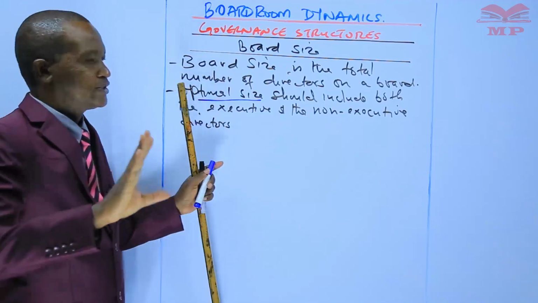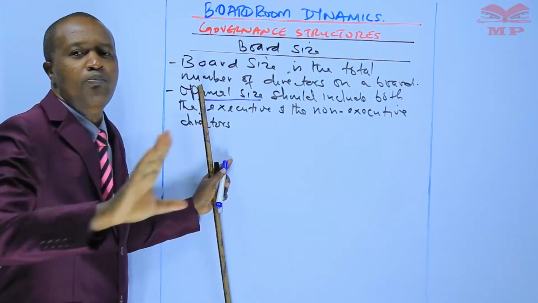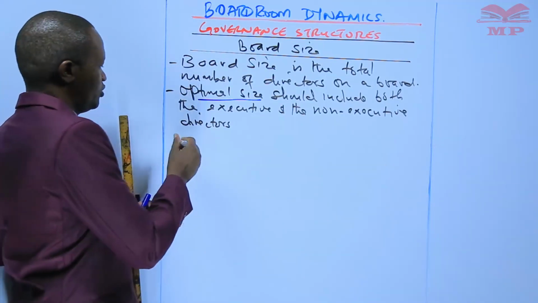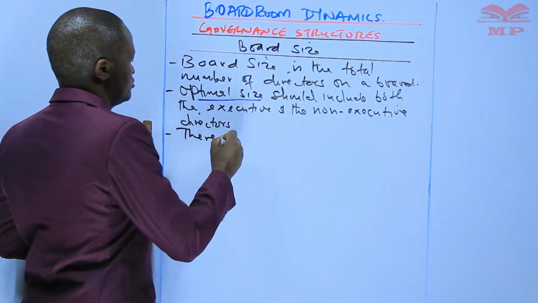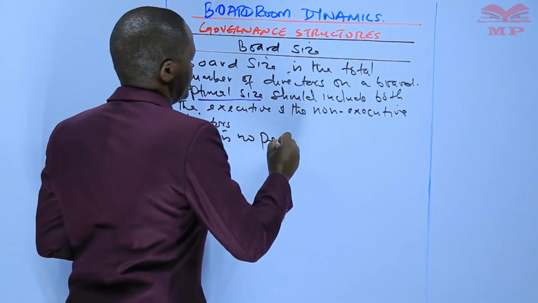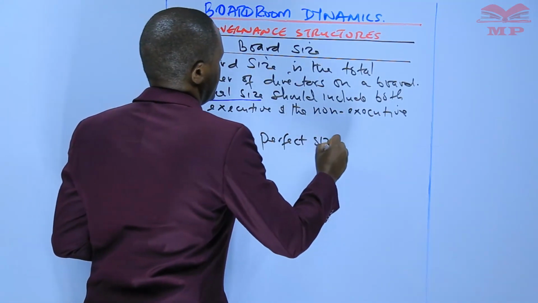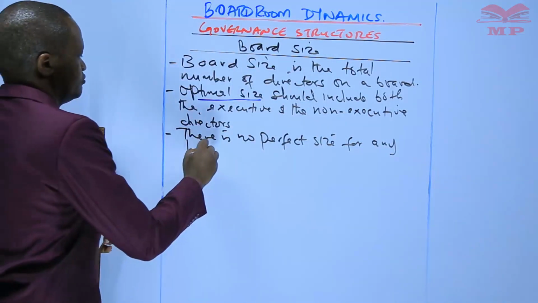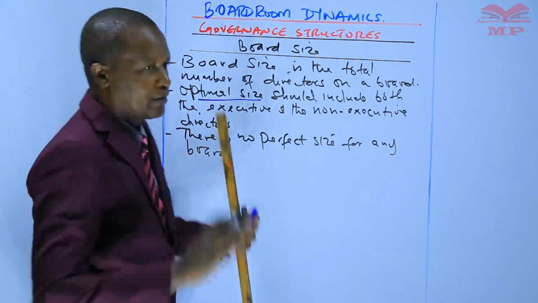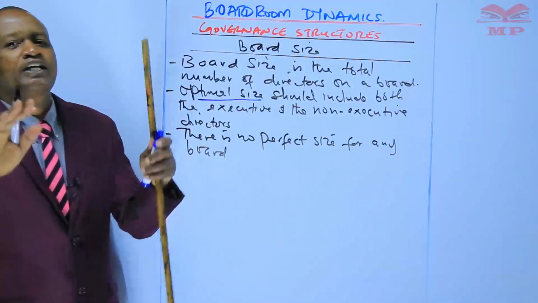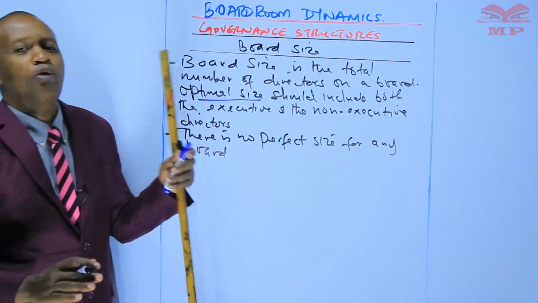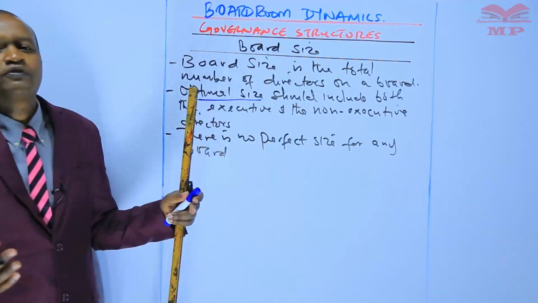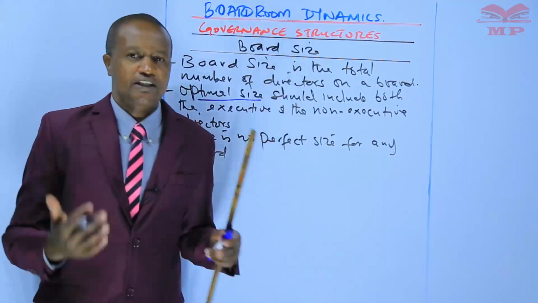So, in other words, candidates, there is no perfect size for any board, and the optimal size of a board is influenced by several factors.